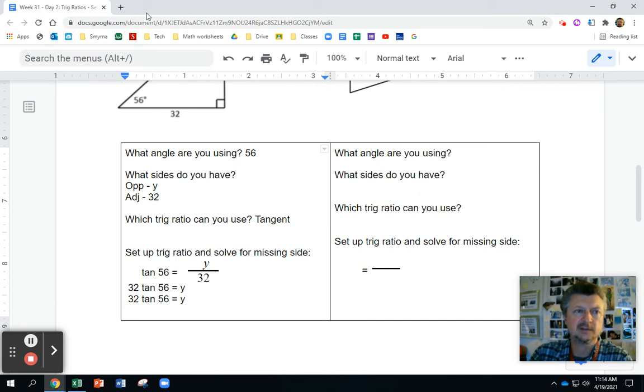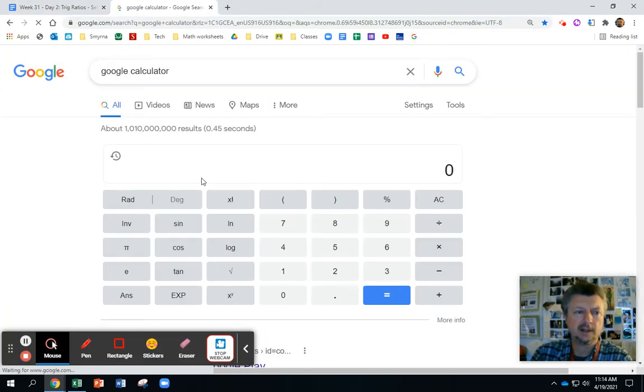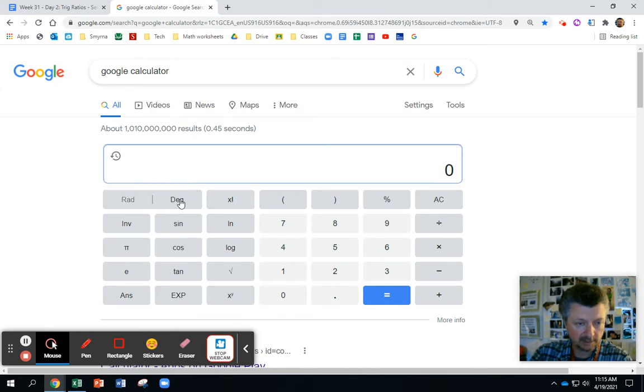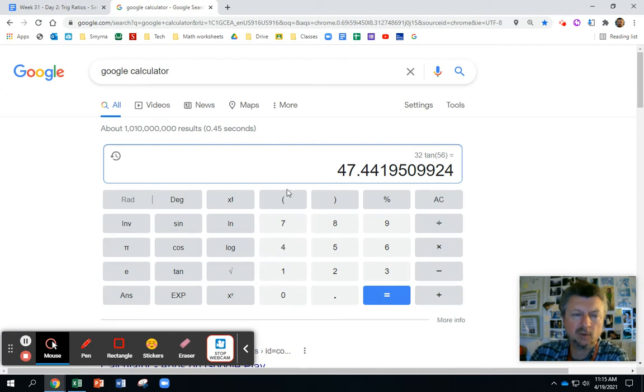32 tan 56. Okay, so I'm going to use the Google calculator. Now you have to press degrees. And then we press 32 tan 56. And you don't have to put multiply in there because it'll multiply automatically. 47.4.